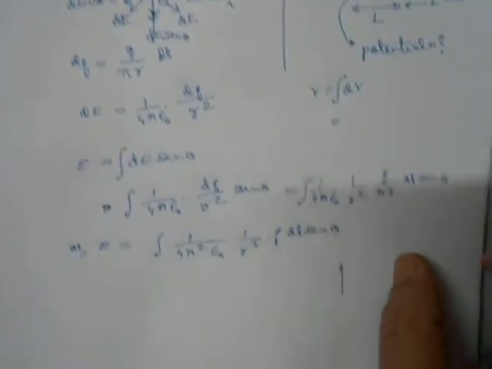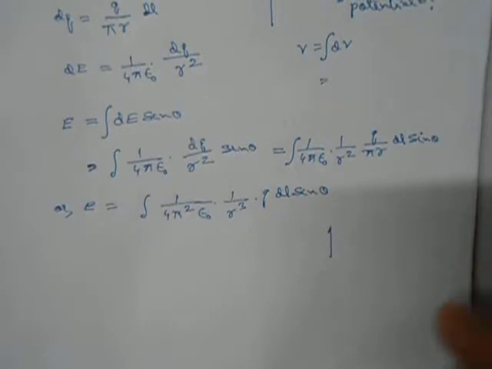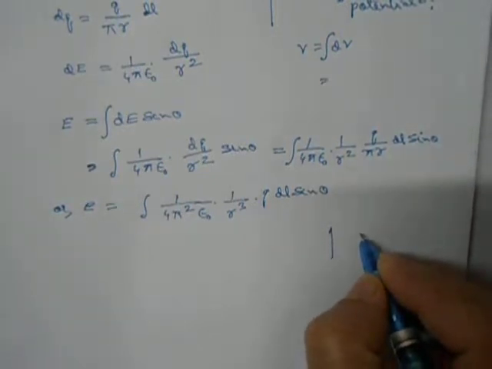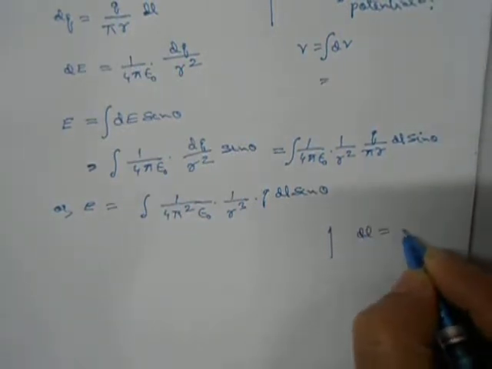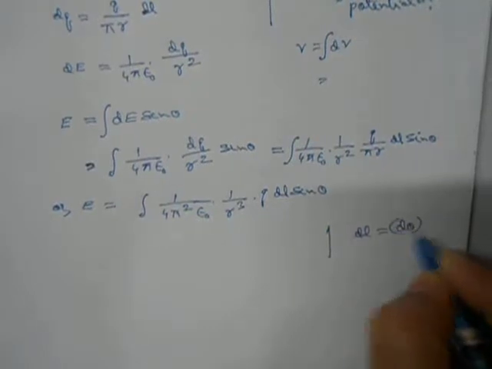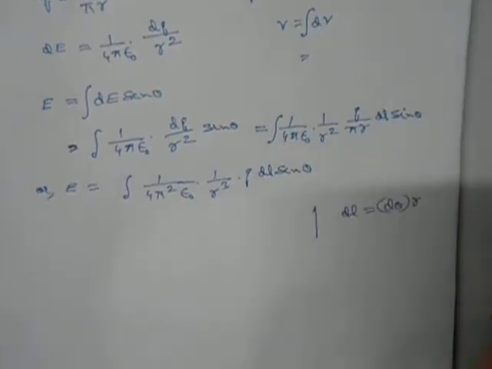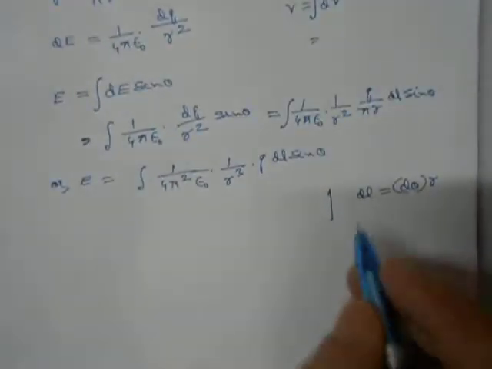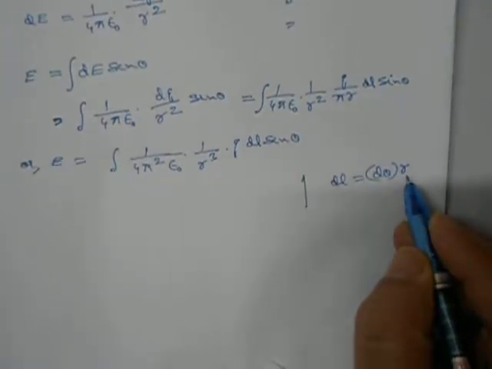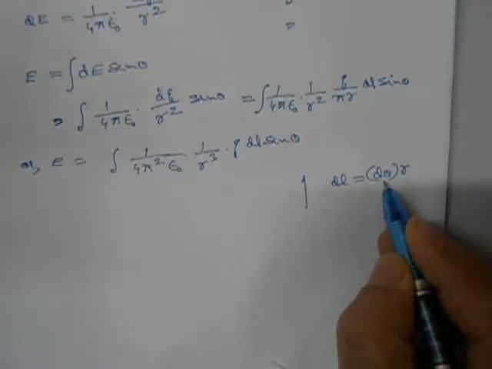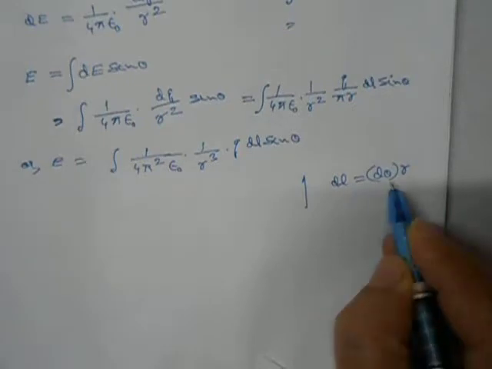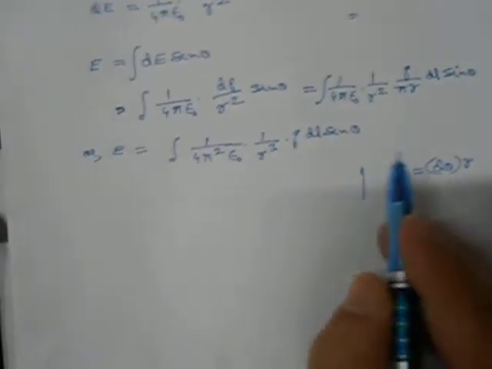So we have this relation from geometry that dl will be equal to d theta into r, because the length of the arc is equal to radius into angle subtended. So this relation we substitute here.